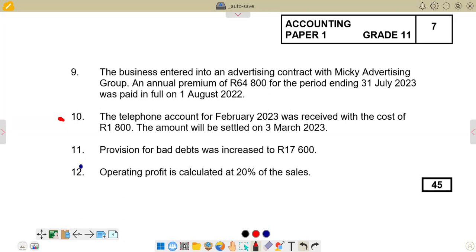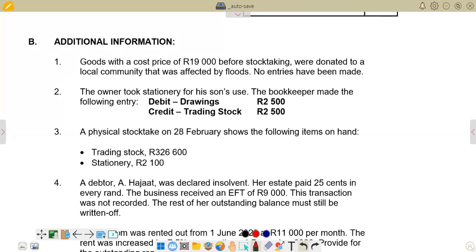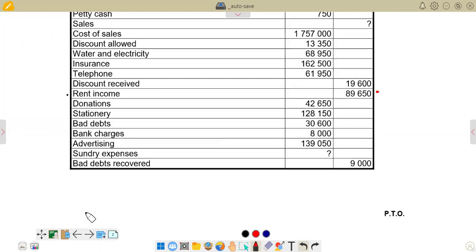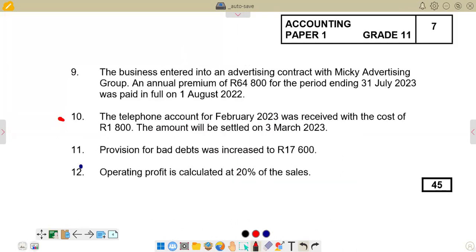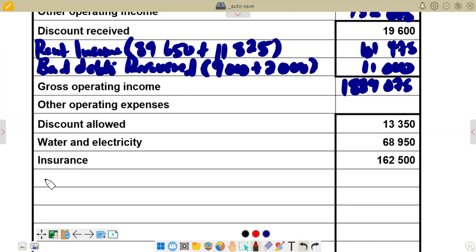So go back, check the actual amount of telephone that you are given in the list of balances. See that we've got 61,950. Then we add 1,800 to get the actual amount for that period. So we come here, going to say telephone.